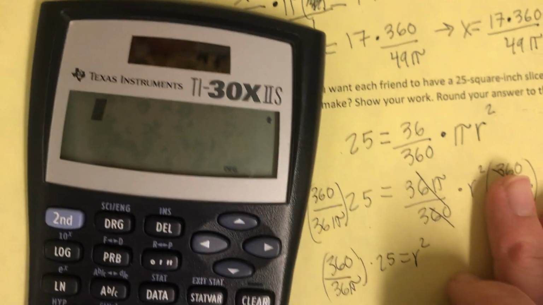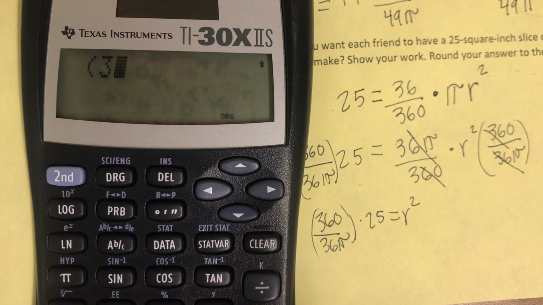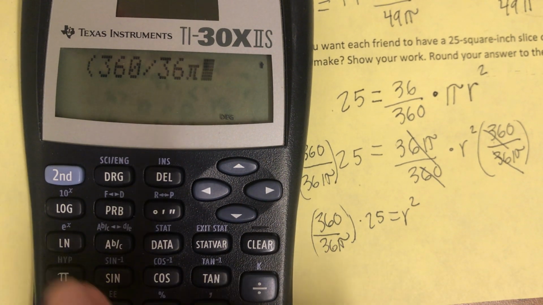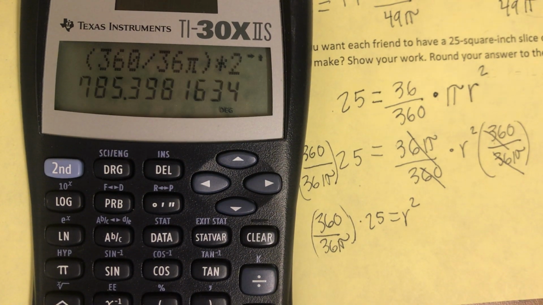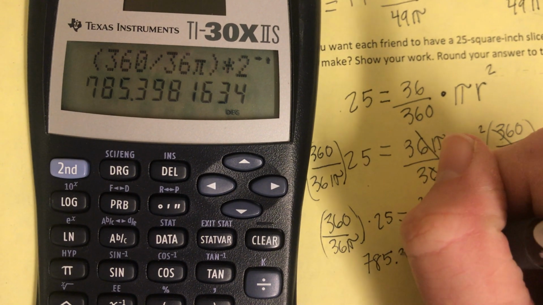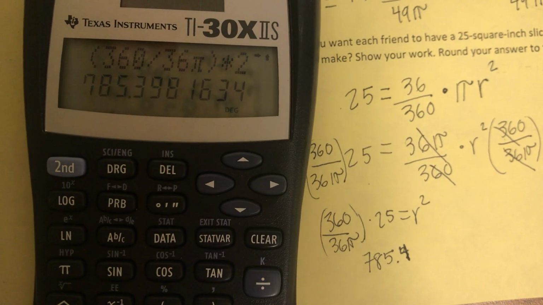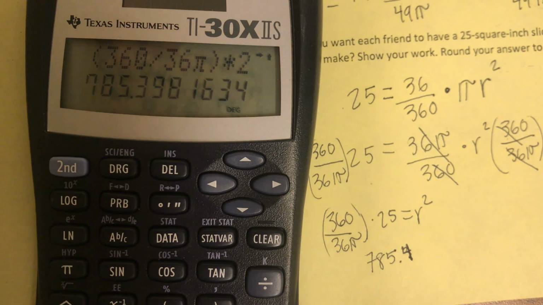So get your calculator out. We're going to type this in right here. So I have 360 divided by 36 pi times 25. So I got a really big number. This is a big number. I might have done this wrong.